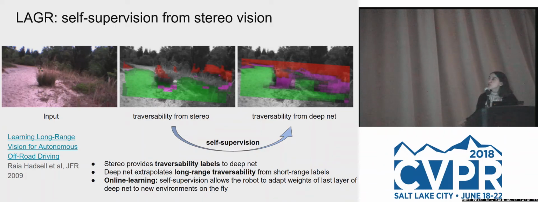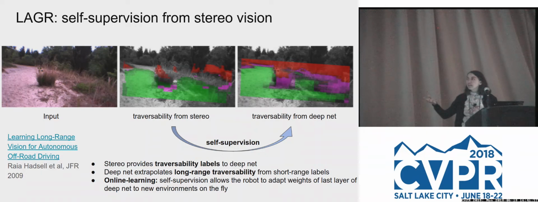Here you have the input image, the traversability that stereo gives you, and stereo gives you the depth, so you can now know how tall things are. And to the right, you can see after the deep net had learned what it now thinks is traversable. And you can see that it can effectively extend the range of how far you can see.